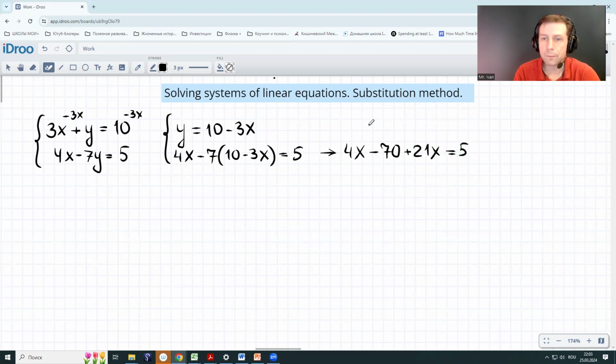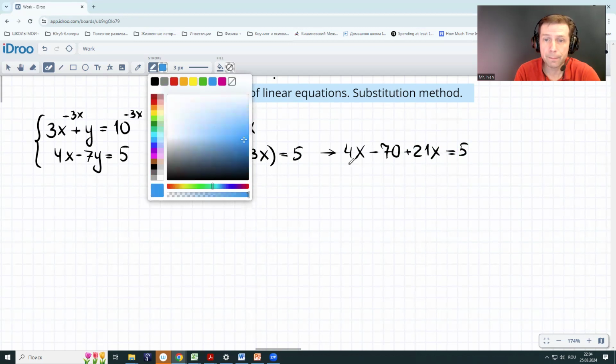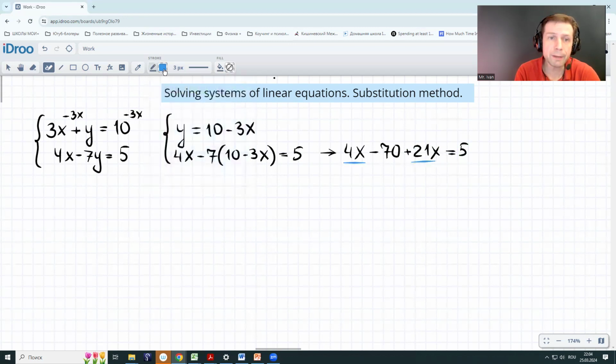Next, 4x plus 21x, these are the like terms. Let's combine them. We'll get 25x minus 70 equals 5, okay? Then, let's add 70 to both sides.